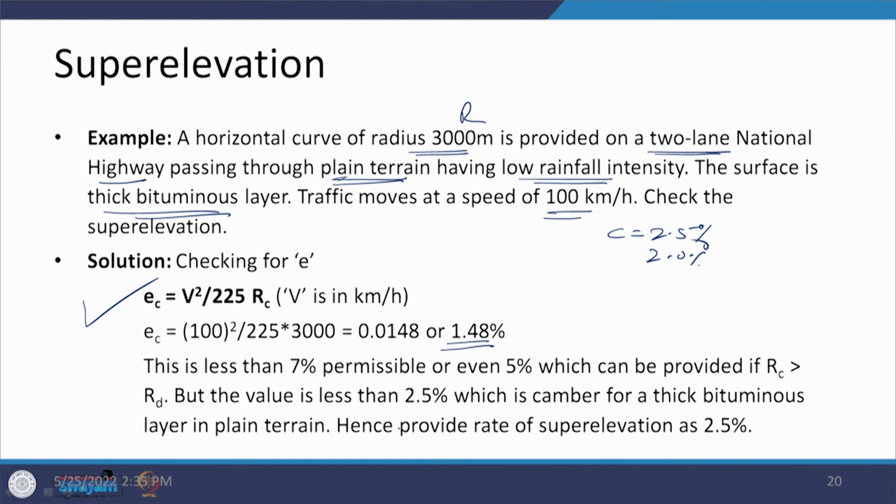Assuming that we are going to provide a camber of 2.5%, or 2% based on the given conditions, then the value cannot be less than 2%. So, in this particular situation, the rate of super elevation which is going to be provided is going to be equal to C percent, based on the given conditions.